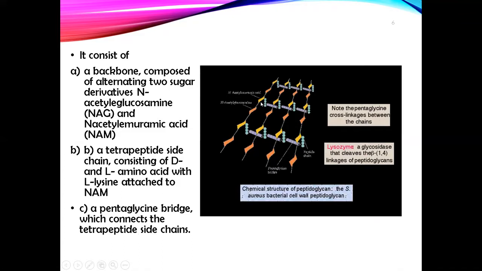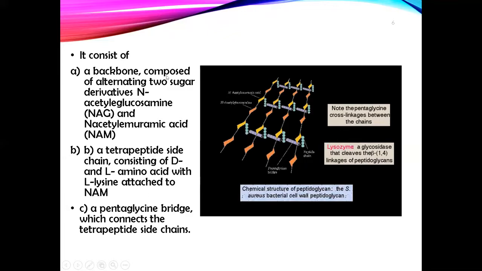Here you can see this is N-acetyl muramic acid and this is N-acetyl glucosamine. Then this is the tetrapeptide side chain, and this is known as the pentaglycine bridge, which connects this tetrapeptide side chain.